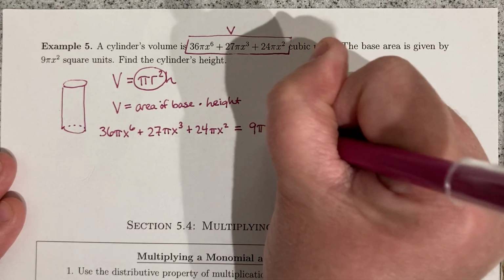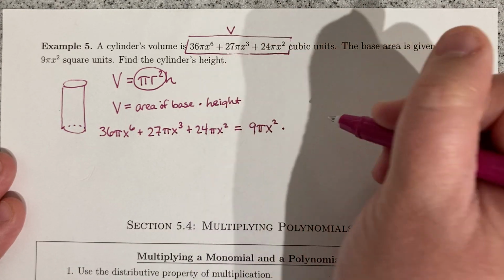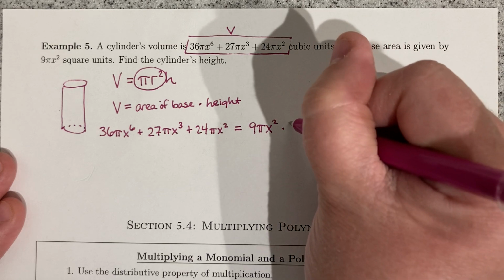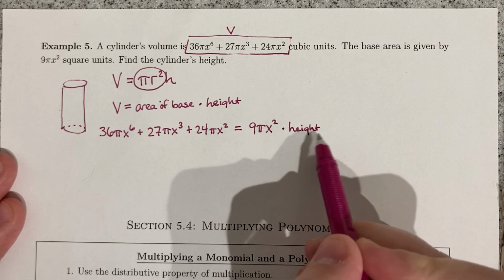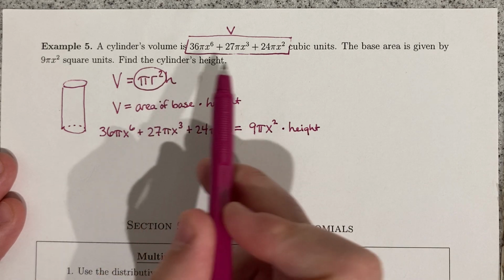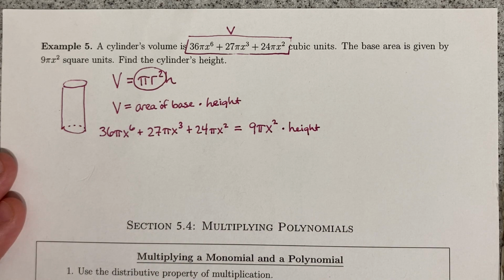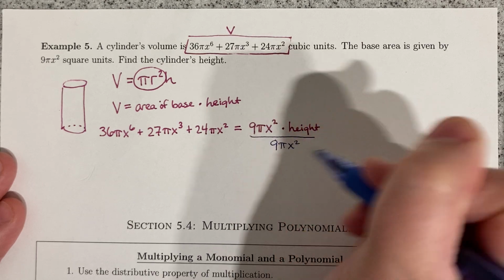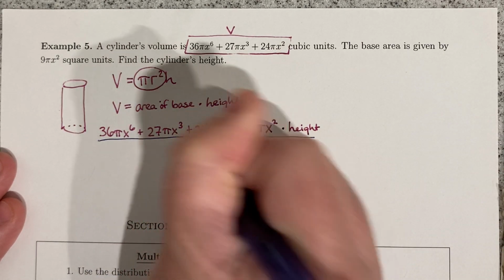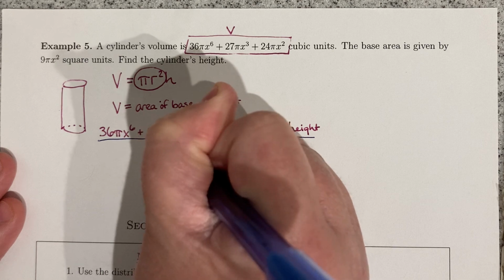They tell us that. Times this height we don't know. And I'm going to leave it as a word because this is what we're trying to find. It says find the cylinder's height. So what I need to do to both sides then is divide by 9 pi x squared. Divide by 9 pi x squared.